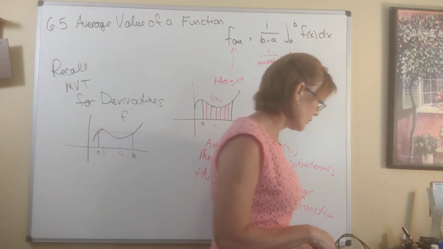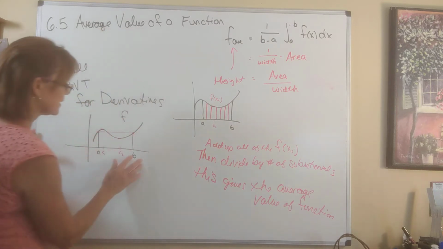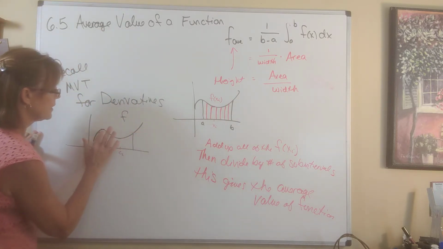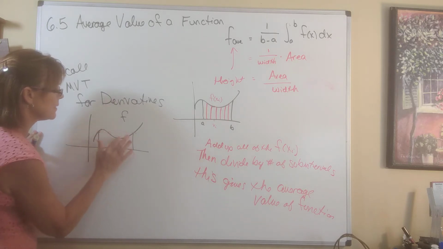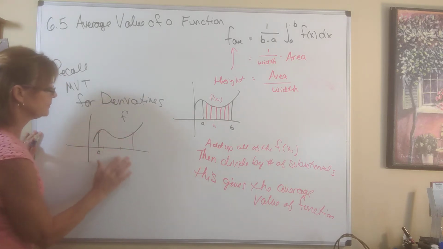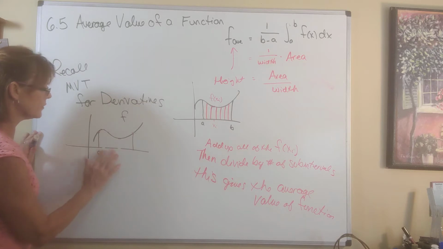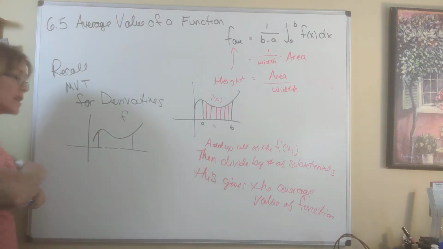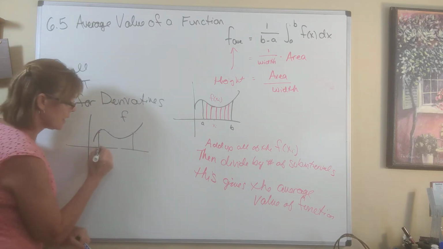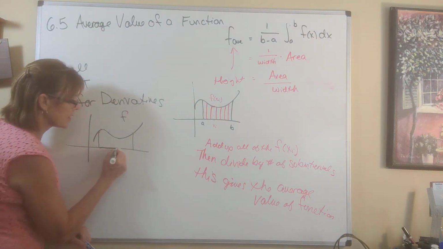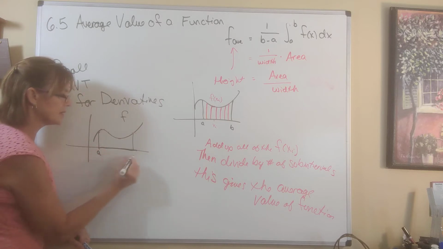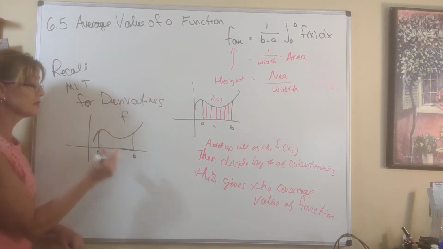Let me choose a different subinterval so that I don't get a horizontal slope. As long as we have a continuous function on a closed interval, we are guaranteed by the mean value theorem to find some value c in between a and b where the slope of the tangent line is equivalent to the slope of the secant line, equivalent to the average slope over a to b.